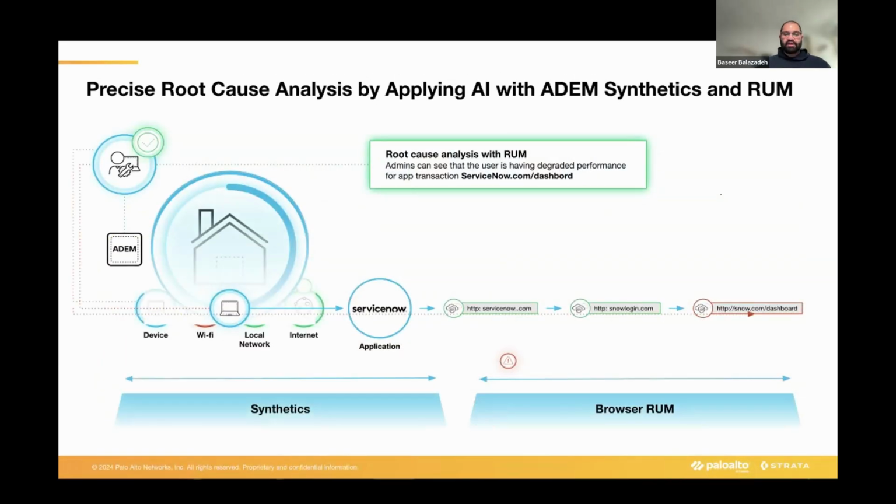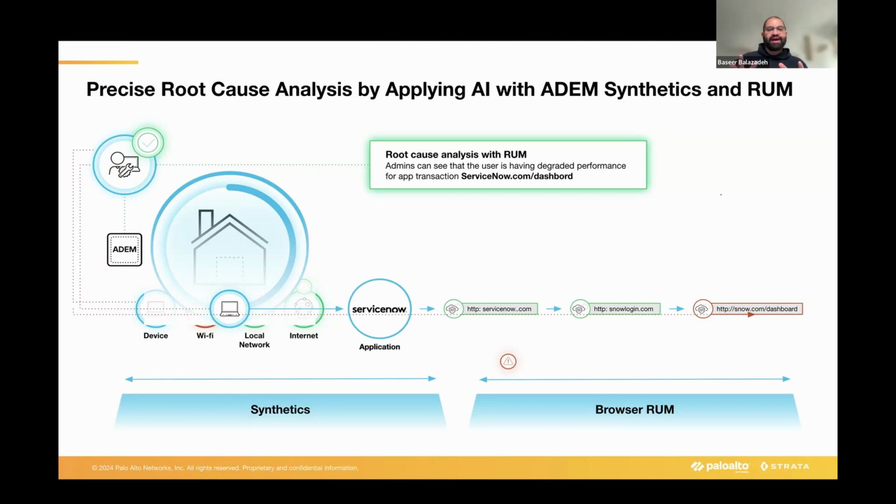Now, with that said, what's become really amazing with our solution is that we now have the power of synthetics. If some of you are not aware of what we refer to as synthetics, ADEM performs 4 tests on the user's device. These 4 tests are ping, traceroute, MTR, and curl. We refer to those as synthetics.